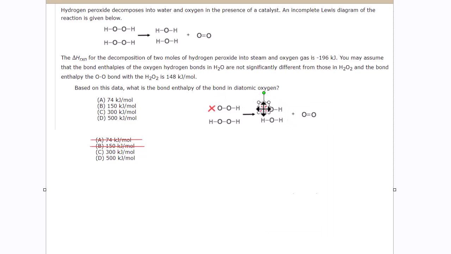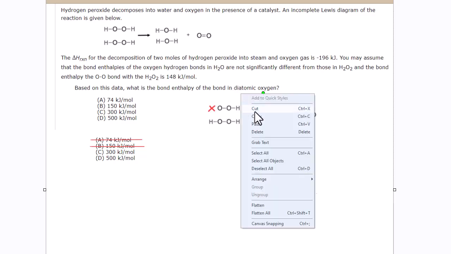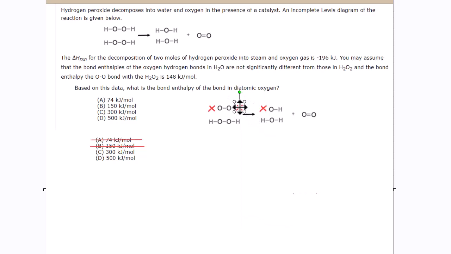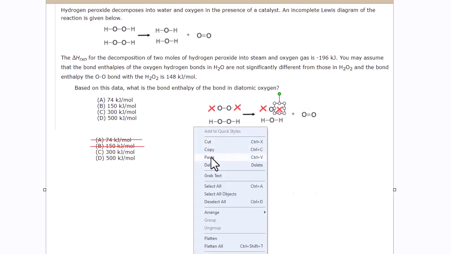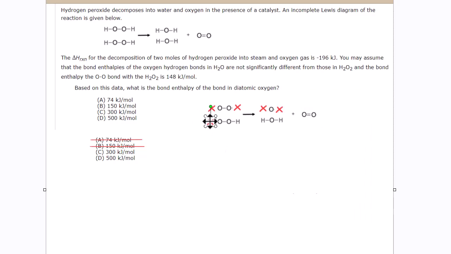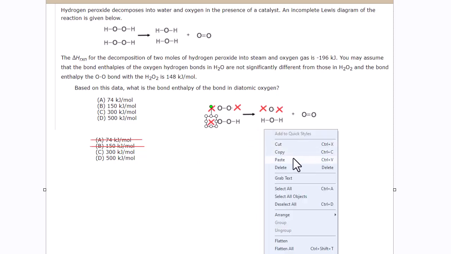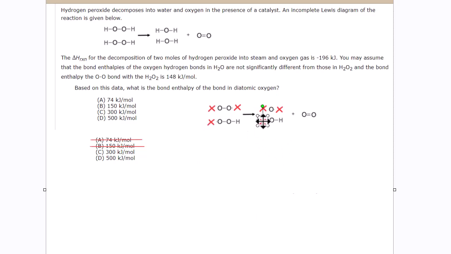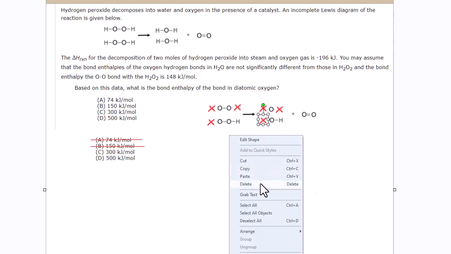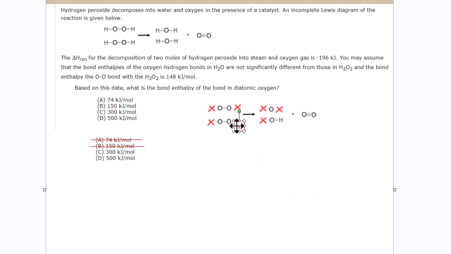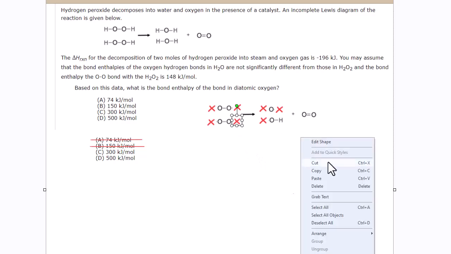So I'm going to get rid of this one, and do the same for this one, because this OH before and after are the same. And of course the same applies here for the other peroxide. I can just do some more elimination and simplification of the reaction where that is the same, so there's no change in that part of the reaction, and the same goes for this. And see what we have left over.